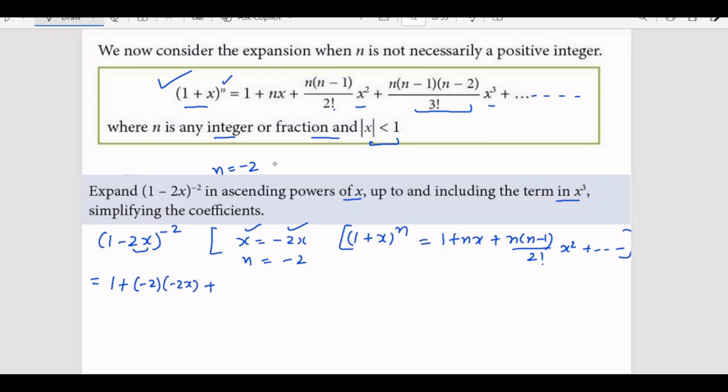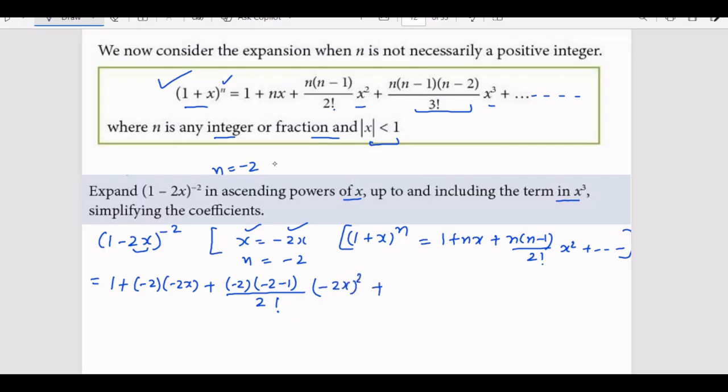Plus then n into n minus 1, that is negative 2 into negative 3 over 2 factorial, and then x squared, where x is now negative 2x, squared.